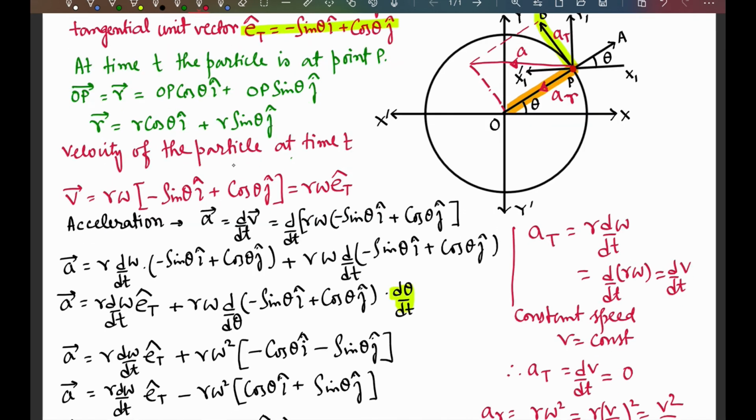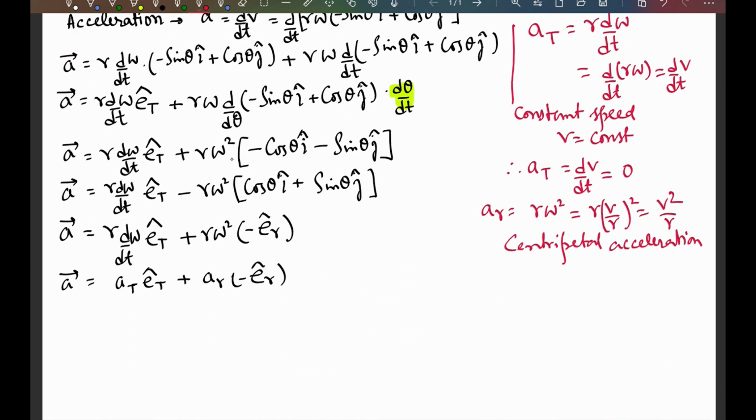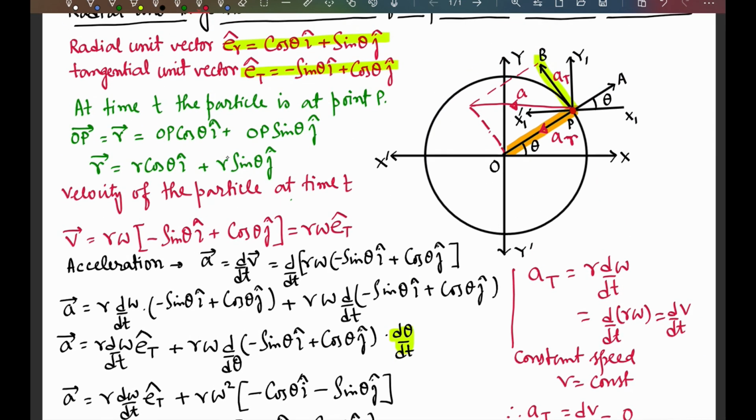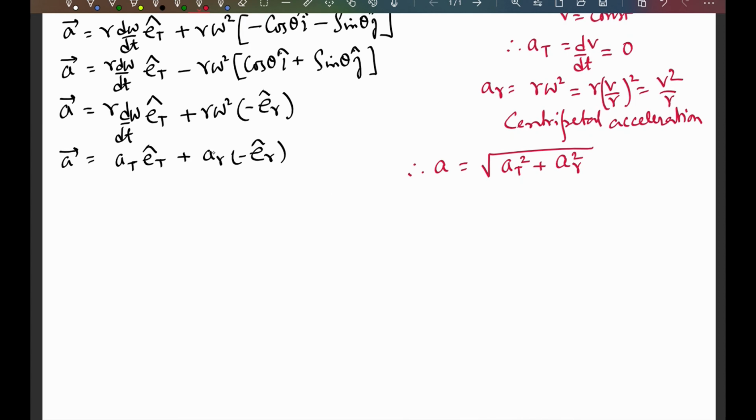Here, as tangential and radial components are mutually perpendicular, therefore the acceleration is root over of a_t square plus a_r square. And if the angle here is phi, then tan phi is a_t by a_r.